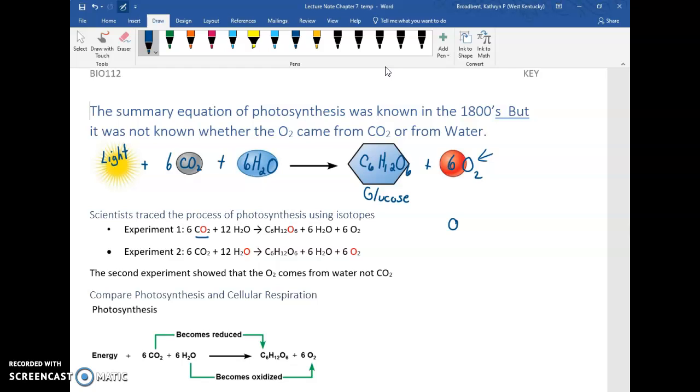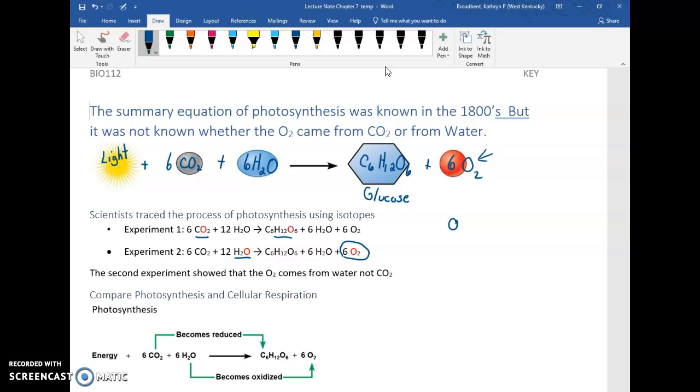And they found that all the radioactivity ended up being in the sugar, none of it in the oxygen gas that was being given off. So they did a second experiment. In the second experiment, they gave a different set of plants radioactive water. And they found that when they gave the plants radioactive water, all the radioactivity ended up in the oxygen. So the oxygen that's given off is coming from the oxygen in water.